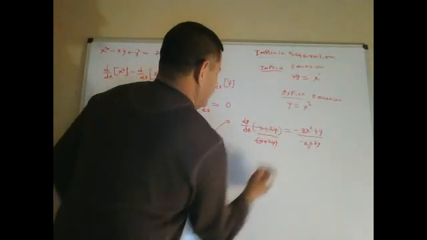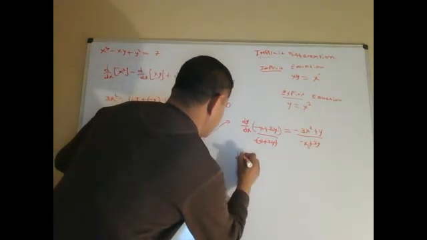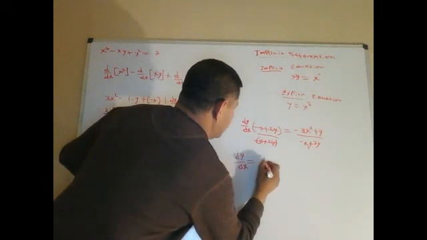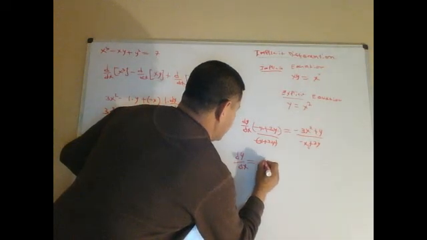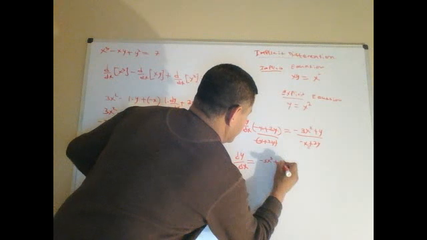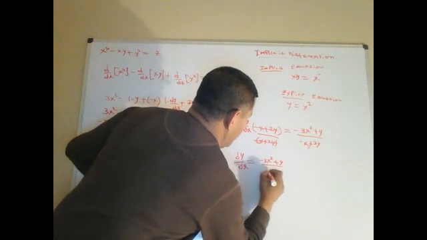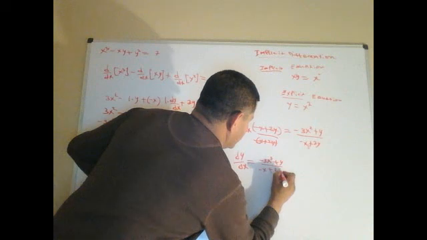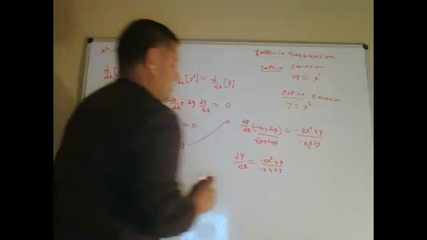This cancels out, and I get dy/dx equals negative 3x squared plus y over negative x plus 2y, right?